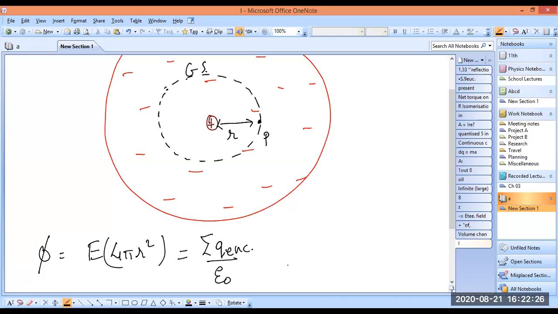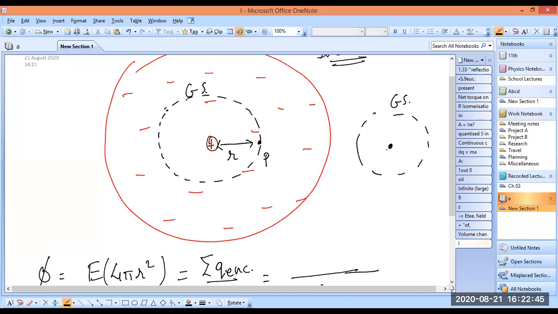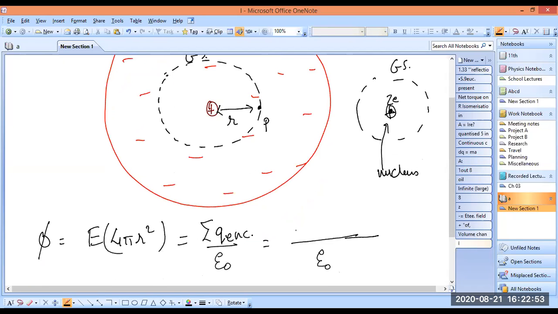Now, this is where it gets a bit tricky. Let me write the denominator first, and then we'll worry about numerator. So I want all of you to realize that inside this Gaussian surface, of course there is a plus Ze charge here at the center, right? The nucleus, this is the nucleus. So that charge is definitely inside or enclosed.